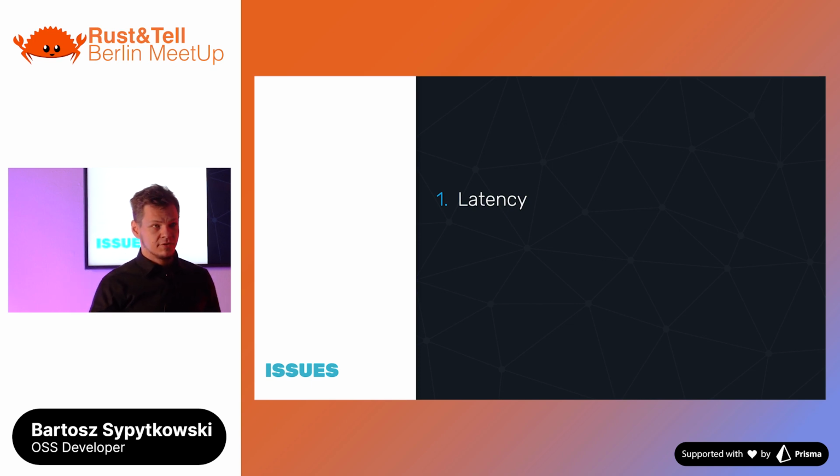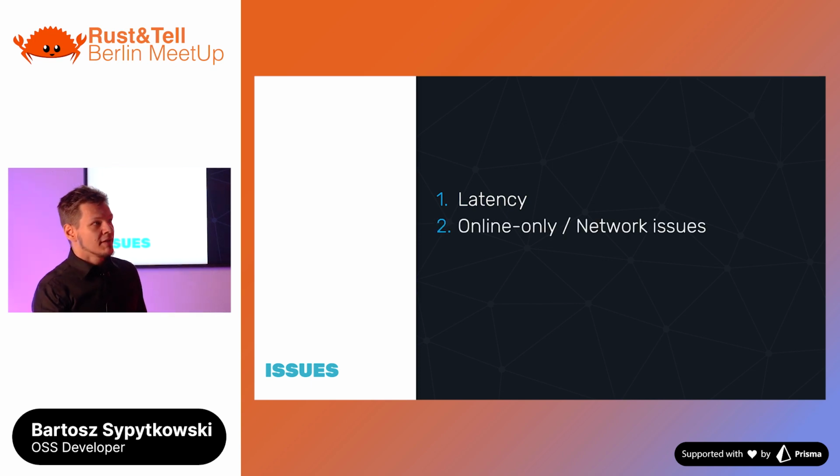There are different problems. For example, our editor is online only in this case, because since the server is the source of truth for us, we cannot establish a correct order without it. So this is a problem if we want a truly collaborative experience.